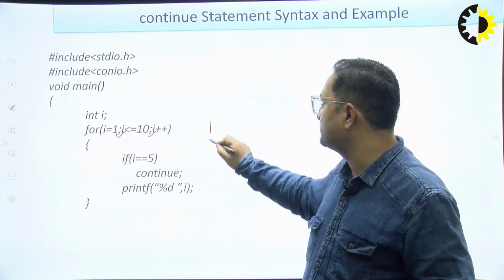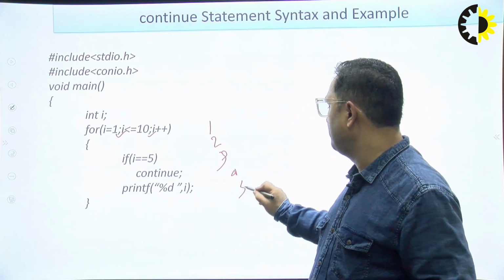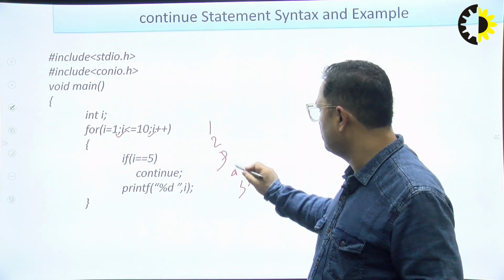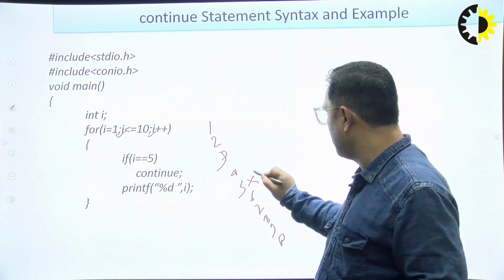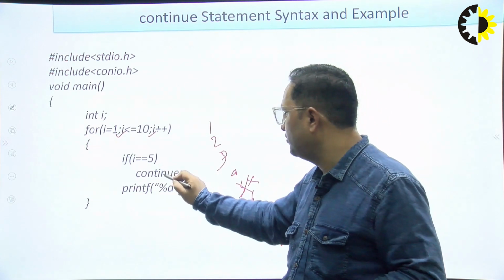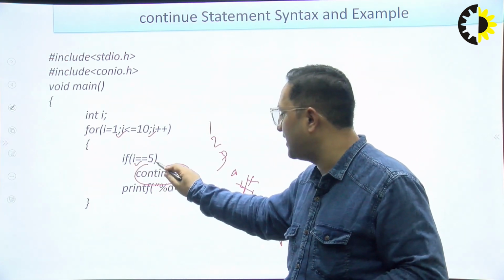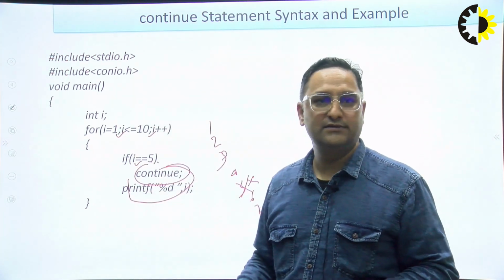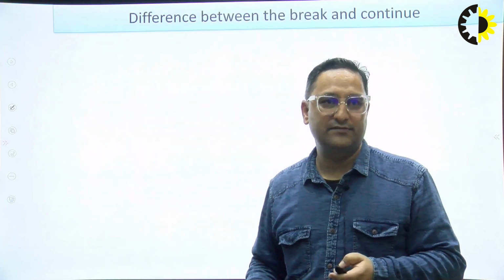So the output of this program will be 1, 2, 3, 4, 6, 7, 8, 9, 10. This program will not print 5, since here you mentioned that if the value of i is 5, just continue. Don't do anything which you are doing in the loop body. Right? So that's the example of the continue statement.